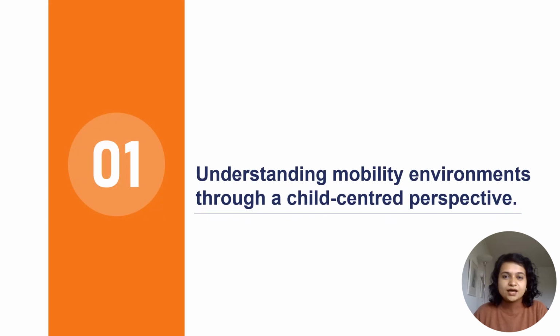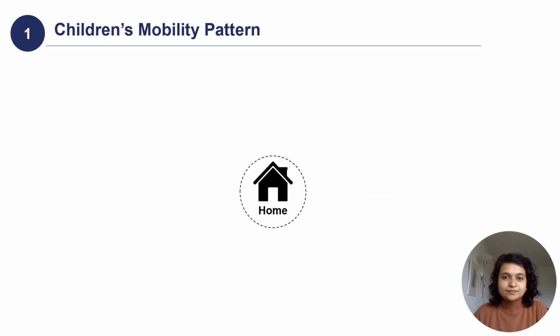Section 1, Understanding the Mobility Environments through a Child-Centered Perspective. When thinking about a child's daily mobility, the first journey that comes to mind is often between home and school. With 1.8 billion children globally commuting to school every day, it's the most common route.